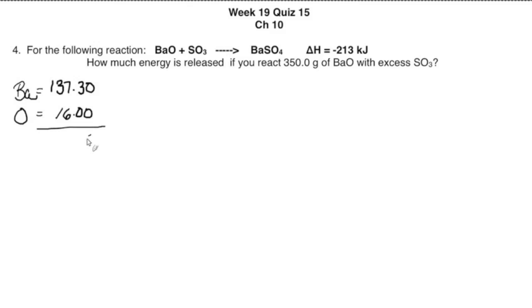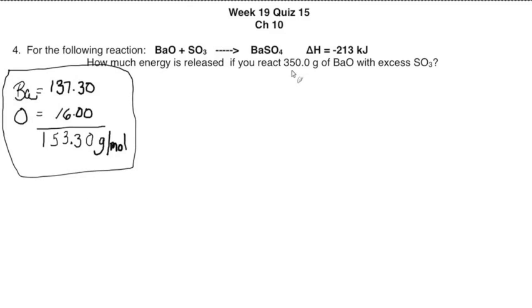So we add those up. Sorry for the messy writing. So the molar mass of barium oxide is 153.3 grams per mole. Okay? This is our conversion factor.